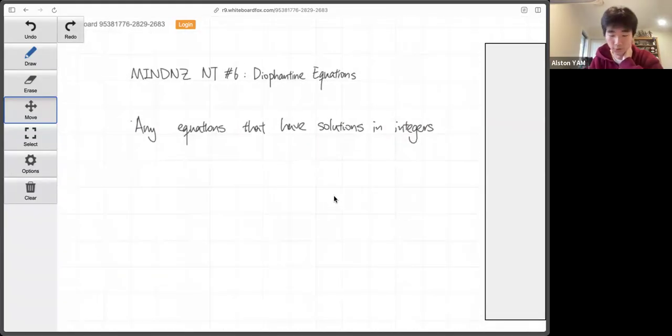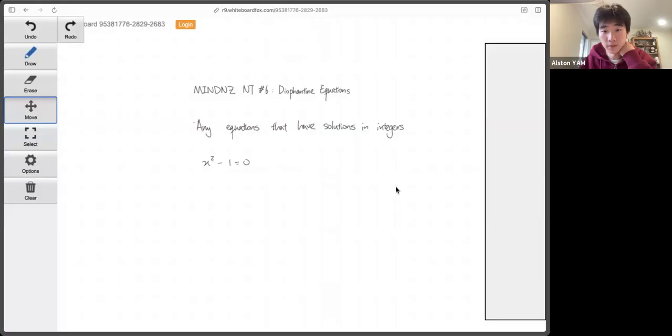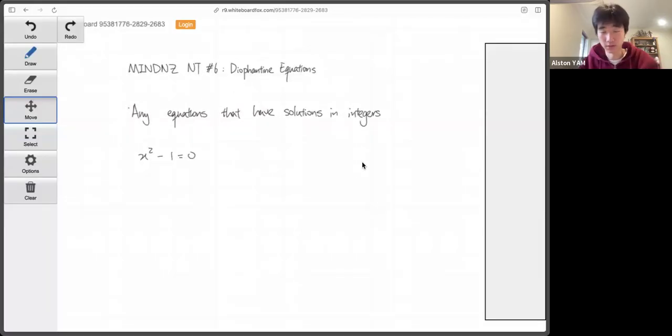If we think about something like x squared minus 1 is equal to 0, that's a pretty standard expression, and we can see that it has solutions +1 and -1. So that could be classified as a Diophantine equation. Since we're doing number theory, we're restricting ourselves to only the integers. If we're doing something more like algebra, we might be looking at reals or complex numbers, but in number theory we don't really concern ourselves with that.